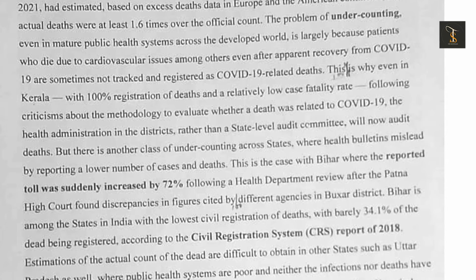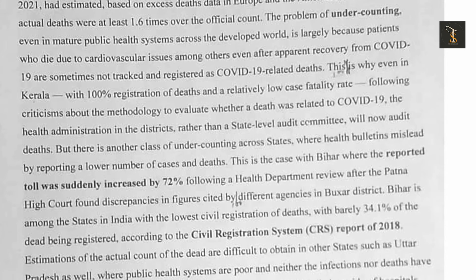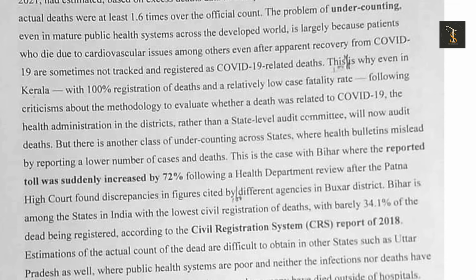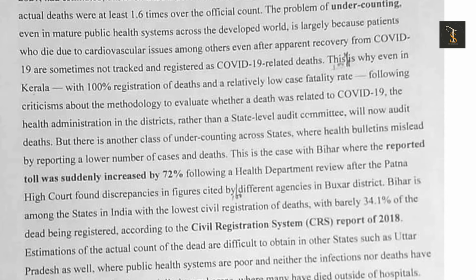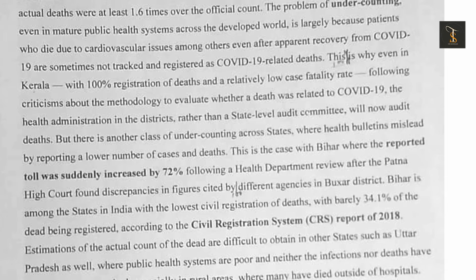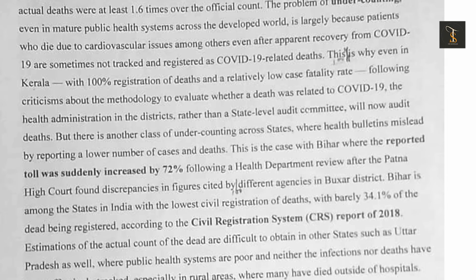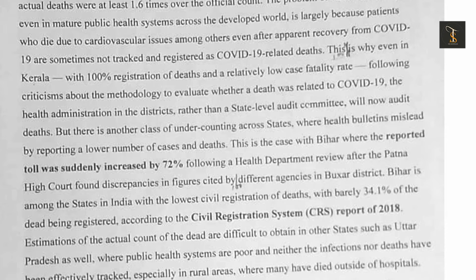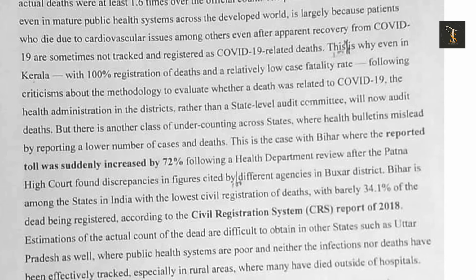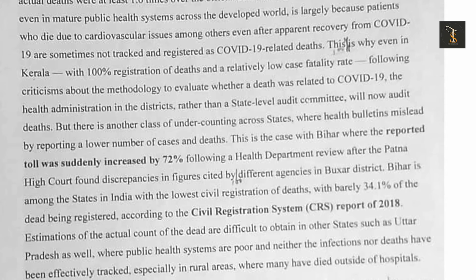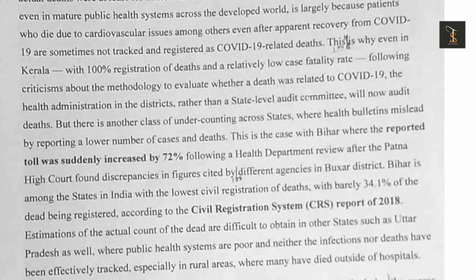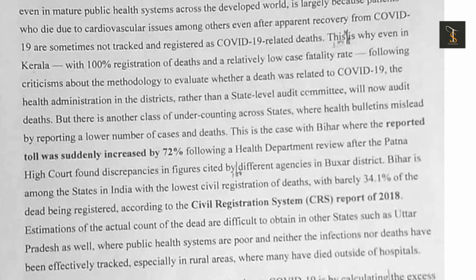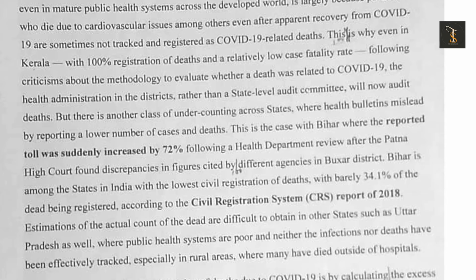The problem of undercounting, even in mature public health systems across the developed world, is largely because patients who die due to cardiovascular issues, among others, even after apparent recovery from COVID-19, are sometimes not tracked and registered as COVID-19 related deaths.